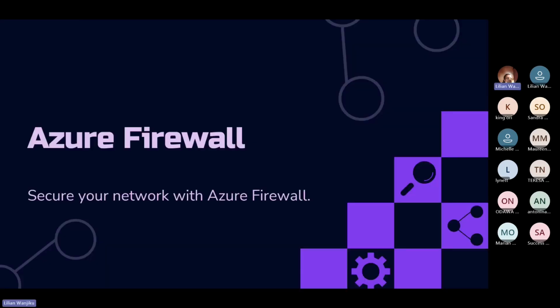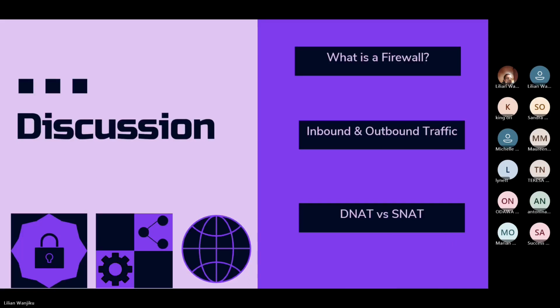Can move to Azure Firewall. So Azure Firewall is another Microsoft solution for security, mostly in the Azure platform. So we can have a brief explanation of what a firewall is, and we'll define inbound and outbound traffic together with DNAT and SNAT.